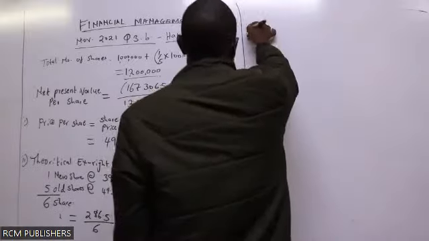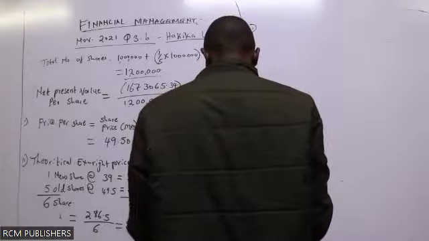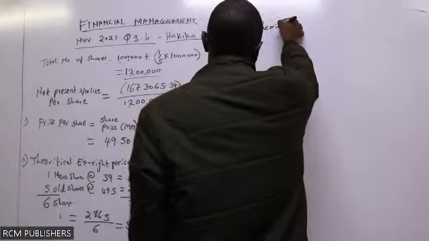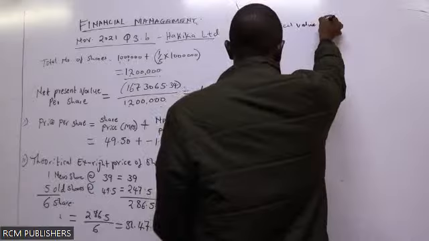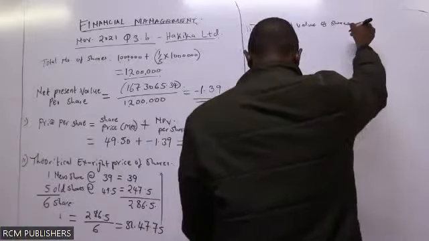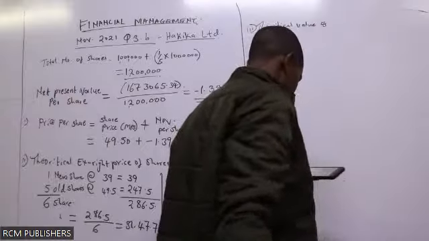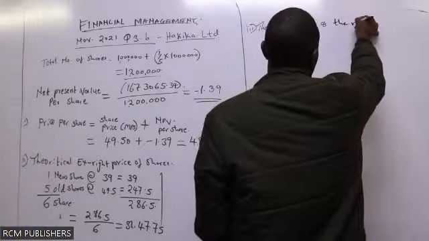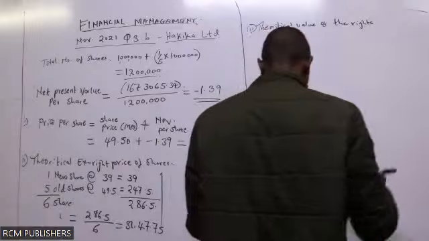Number 3: the theoretical value of rights when the shares are selling cum-right. Value of the rights when the shares are selling cum-right.